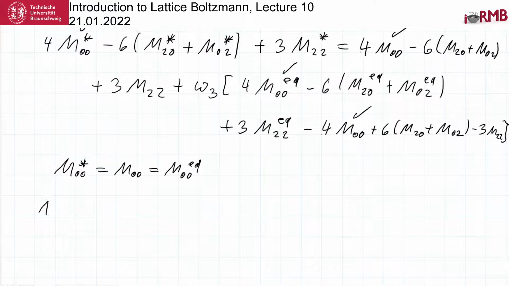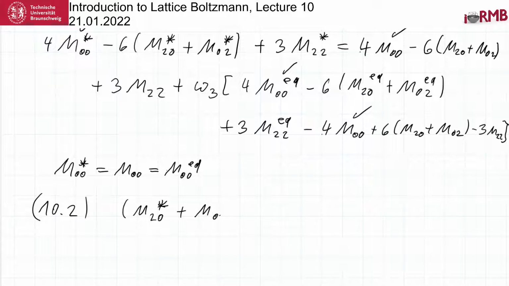However, there is one part that's not going to cancel out, and this is now equation 10.2, which is m20 plus m02 post-collision.